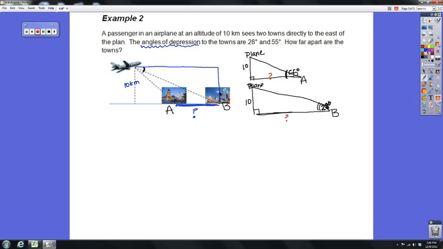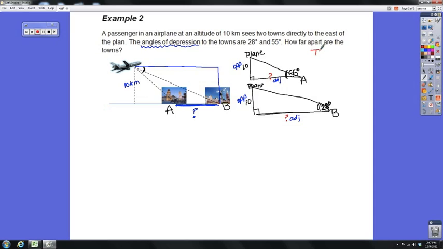So let's figure that out real fast. 55 over here is opposite. This is adjacent. Same with this triangle: this is opposite, this is adjacent. So we're using tangent on both of them.